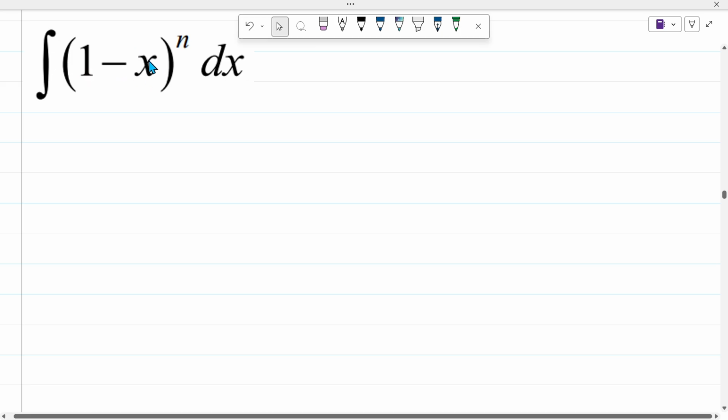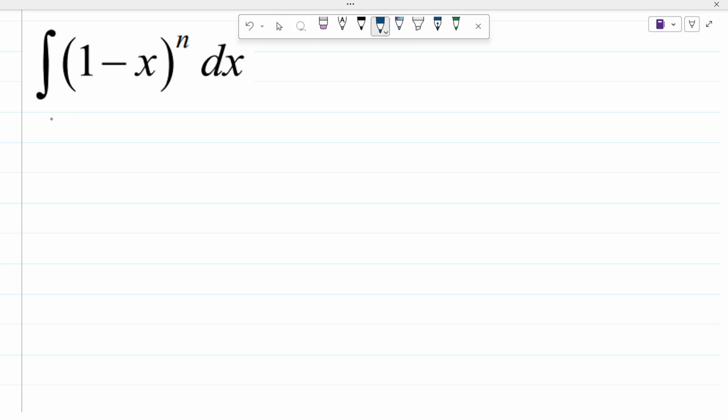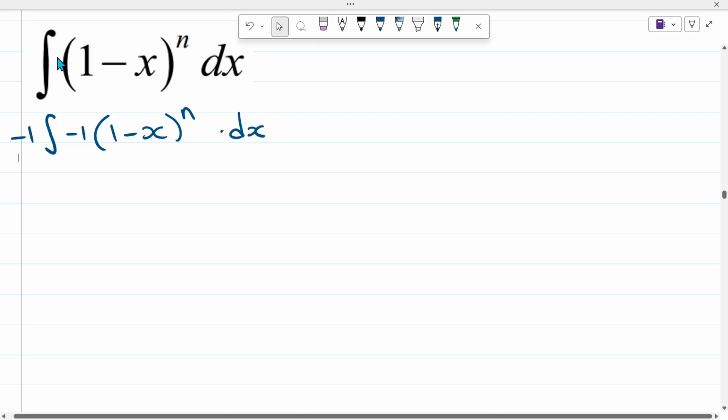So 1 minus x, when we differentiate it, is equal to -1. So with respect to x, that means I need to put -1 outside there. But then I should not change the equation, so I should again multiply by -1 outside there. So that -1 and -1 take us back to +1 there.